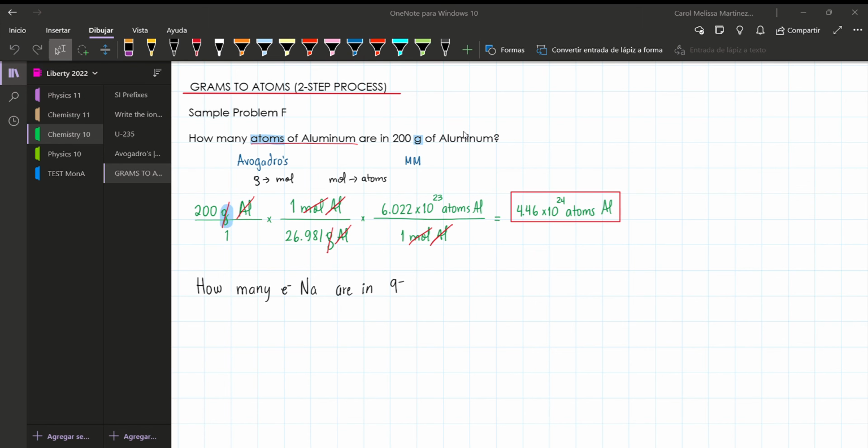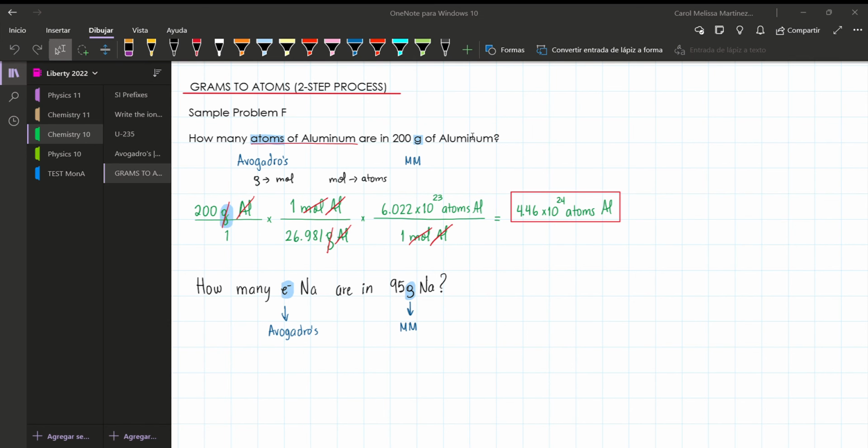How many electrons of sodium are in 95 grams of sodium? So I analyze my question. I see electrons and I think about Avogadro's number. I see grams and I think about molar mass.